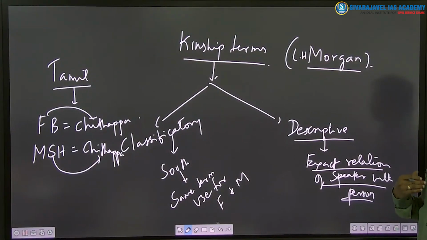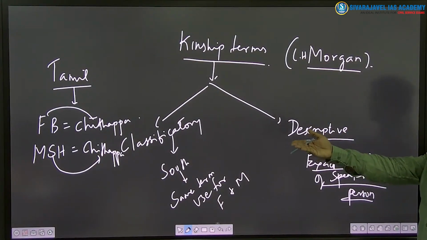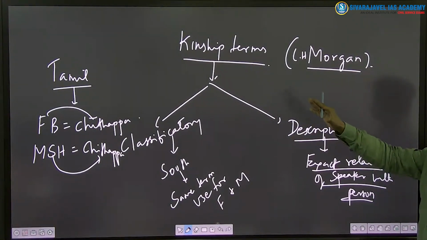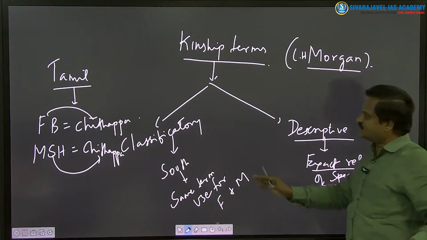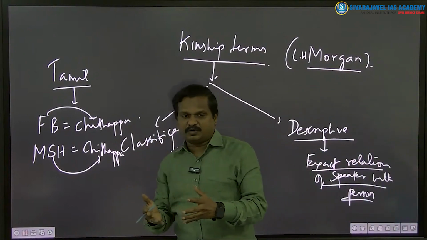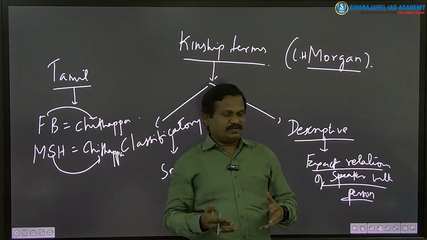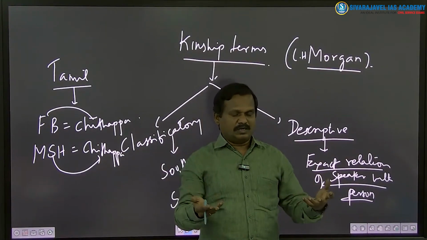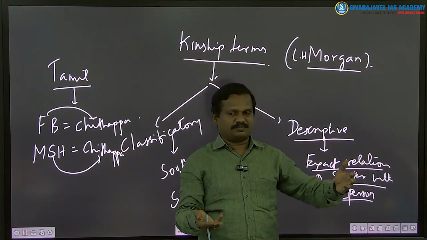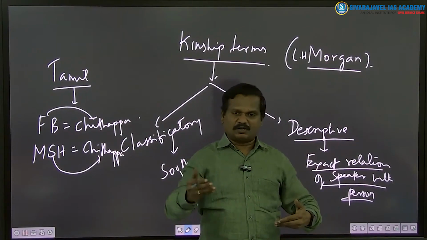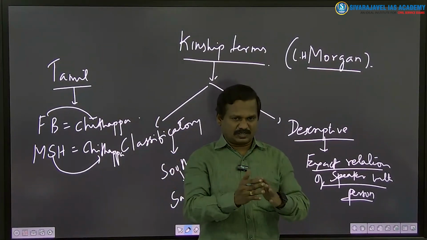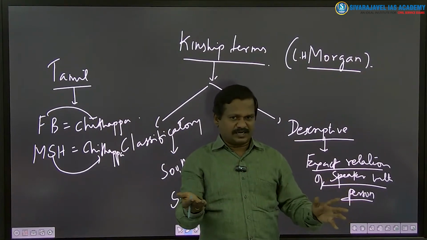The exact relationship you have with the person to whom you are referring is described. So if you say Chittappa, you will not be able to tell whether this Chittappa, when I simply say my Chittappa is coming to my home, is my father's brother or my mother's sister's husband. The same term is given, so there is no difference between father side relative and mother side relative.